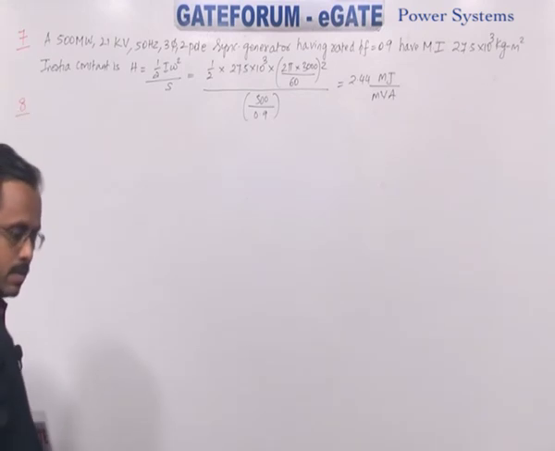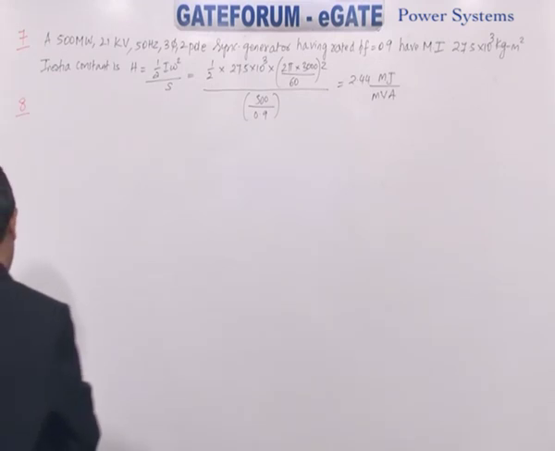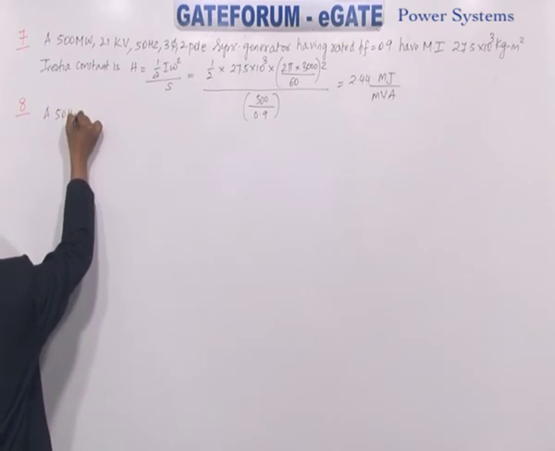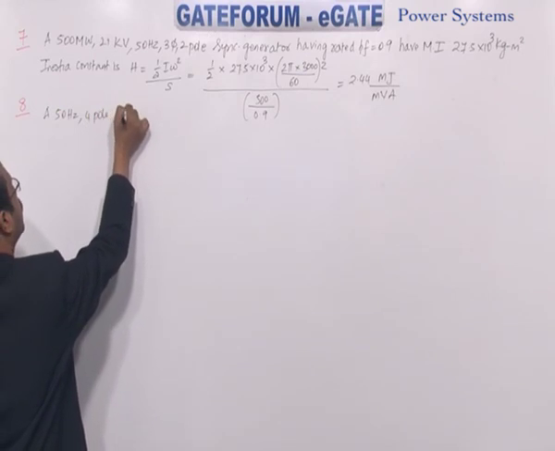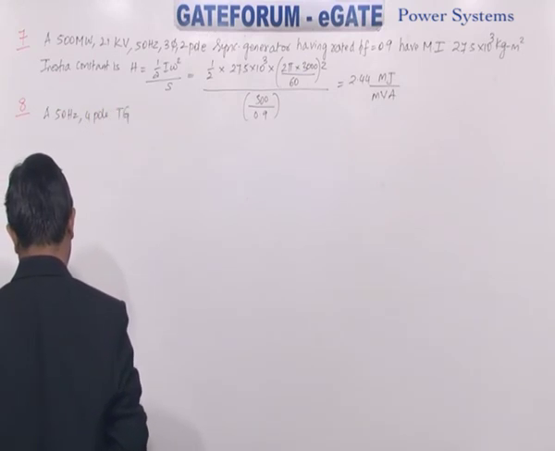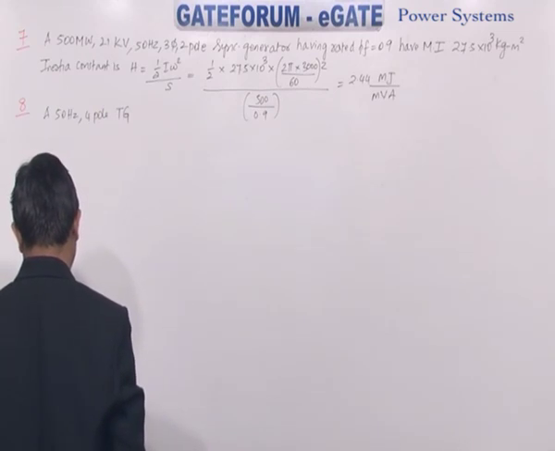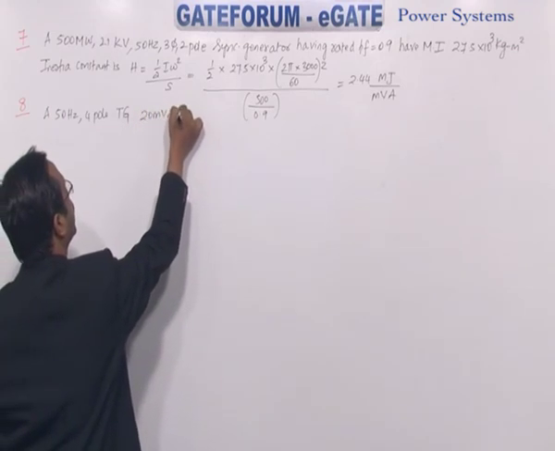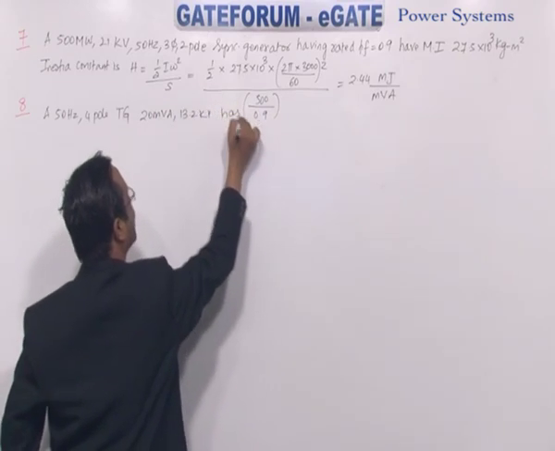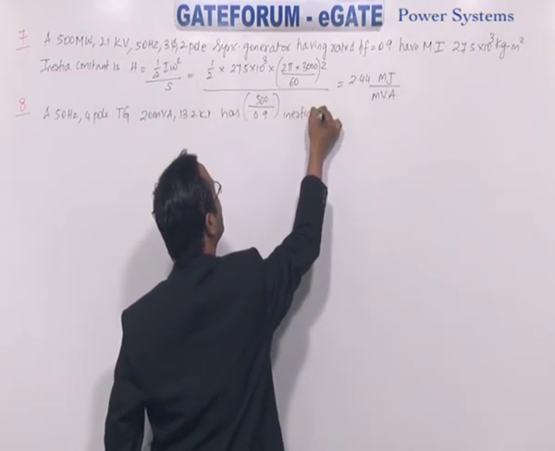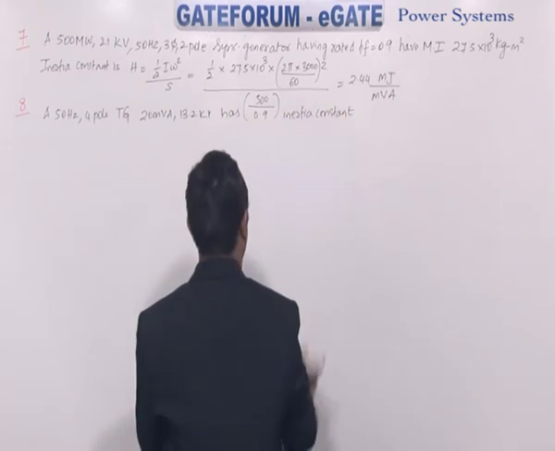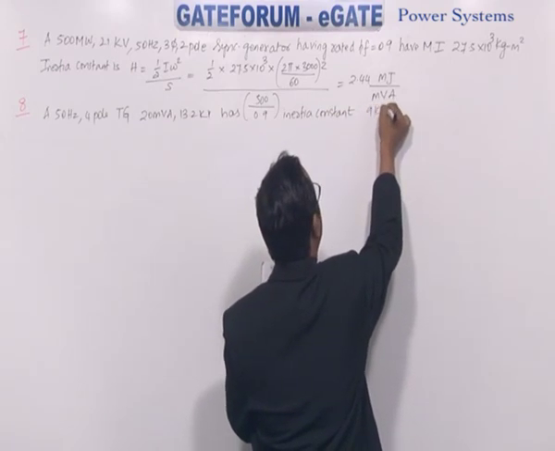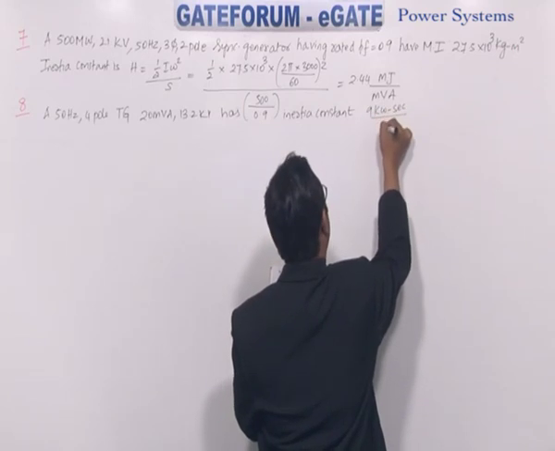Now we solve this next question. A 50 hertz, 4-pole turbo generator and 20 MVA, 13.2 kV has inertia constant 9 kilowatt second per kVA.